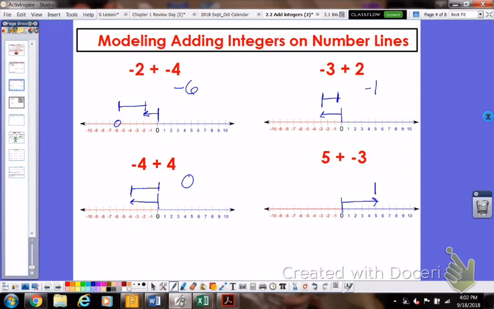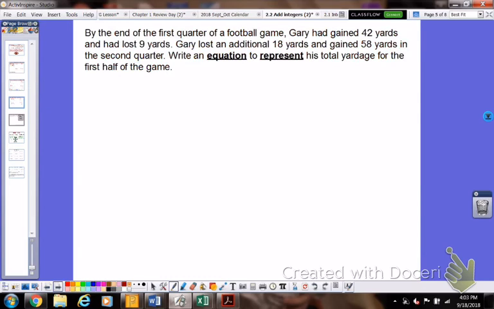Then from that positive 5 plus negative 3, negative 3 to the left. So 1, 2, 3. Where do we end? We end at 2. So that's how you can add integers using the number line. So far we've done algebra tiles, we've done number lines. Now let's take a look at a word problem.